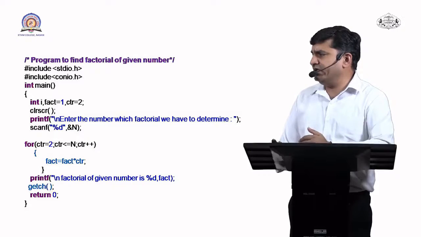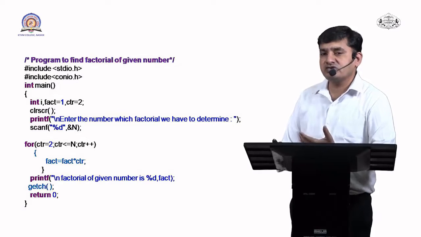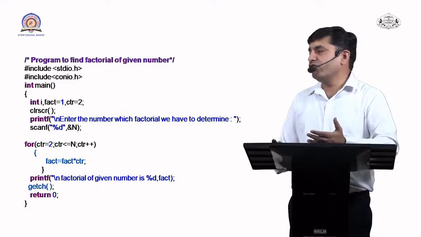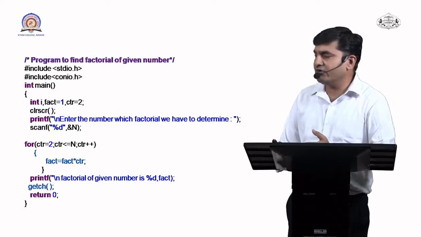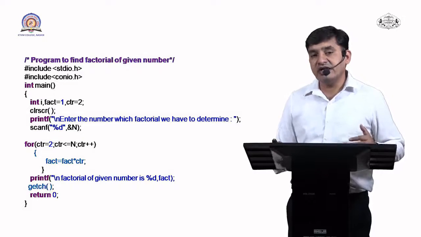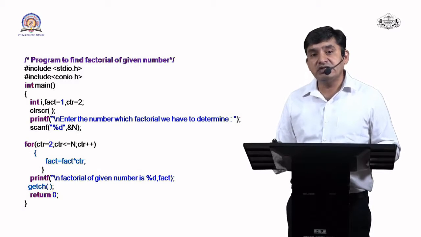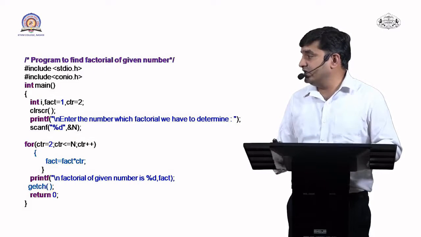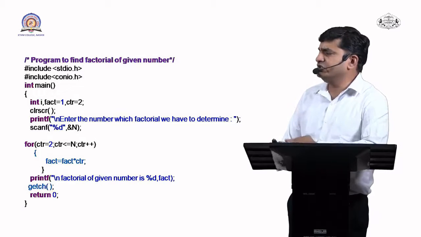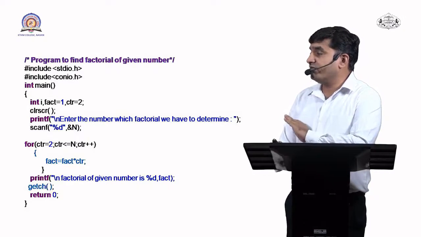Now we have to print the factorial of the given number on the screen, so we use the output function printf, and factorial of the given number is %d, since the factorial is also an integer. So we write: factorial of the given number is %d, fact.